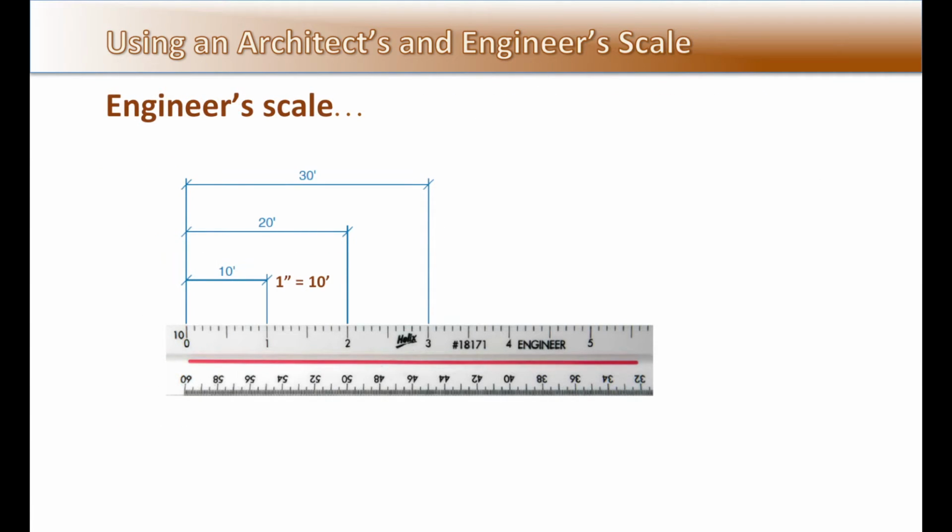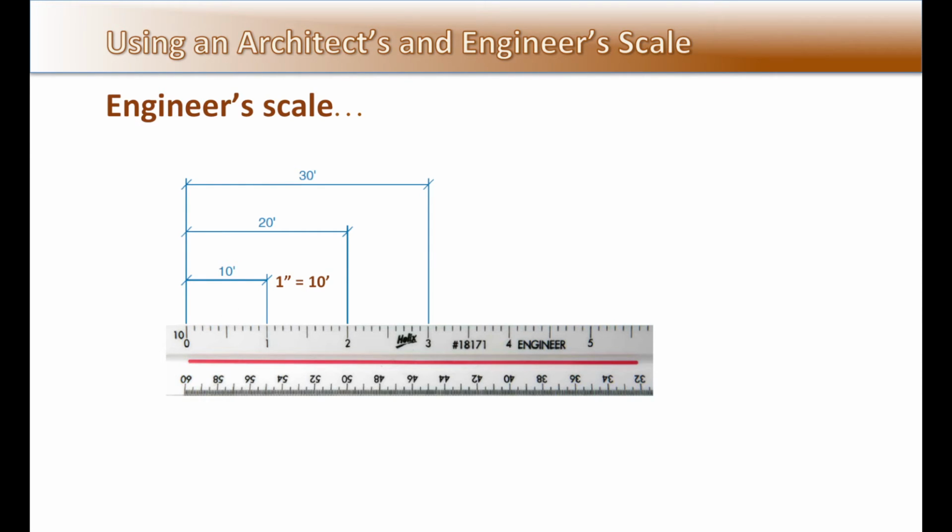To read an engineer's scale, first identify the scale. The number at the end of the scale indicates the number of feet per inch. This example shows the measurement of a line using an engineer's scale of 1 inch equals 10 foot, referred to as 10 scale. Note that each major division is divided into 10 parts.